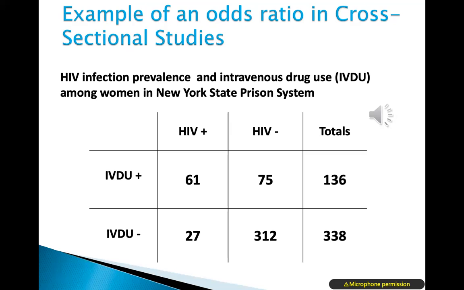So cross multiplying both of those, and then if you divide the numerator by the denominator, the odds ratio is 9.4. So again, if we're going to interpret that, that's certainly much greater than 1. So there would be a very, very strong relationship between the risk factor of being an intravenous drug user and HIV status.